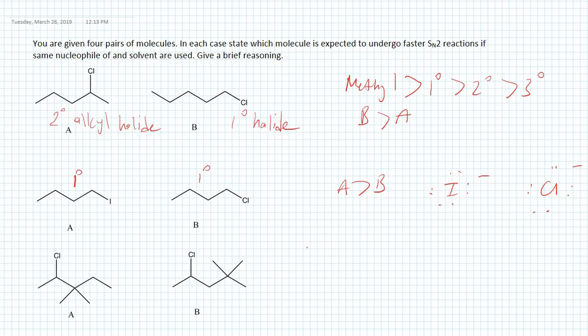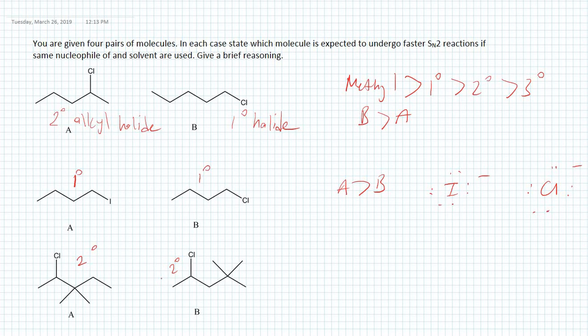Let's go to the third option. Here we have an alkyl chloride and an alkyl chloride, so the same leaving group. The carbon bearing the leaving group has two neighboring carbons, so this is a secondary substrate. This substrate also has two neighboring carbons connected to the carbon bearing the leaving group, so this is also a secondary alkyl chloride.